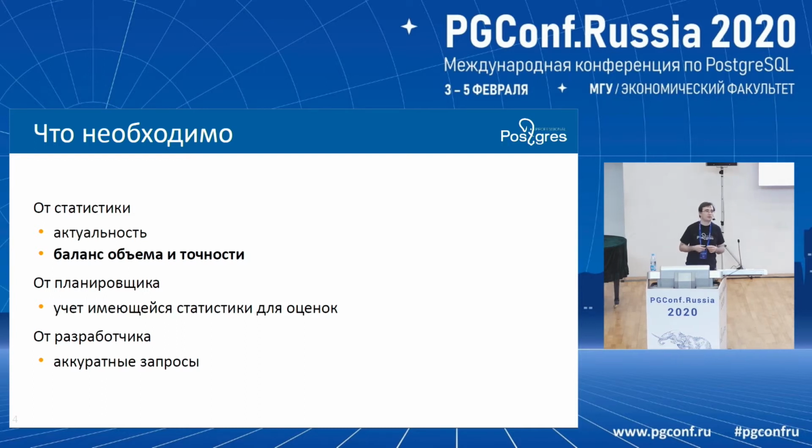I will talk about this balance mostly, and we will see how the search for this balance took place in different versions of Postgres from the beginning until today. Of course, this is not all that's necessary. The scheduler must be able to use the statistics, and that doesn't happen all the time.